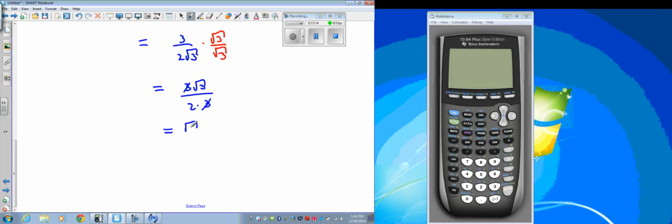So this is the square root of 3 over 2. Cosine of A is that. So we can say A has got to equal what? Square root of 3 over 2. 30 degrees. So that would be our answer.